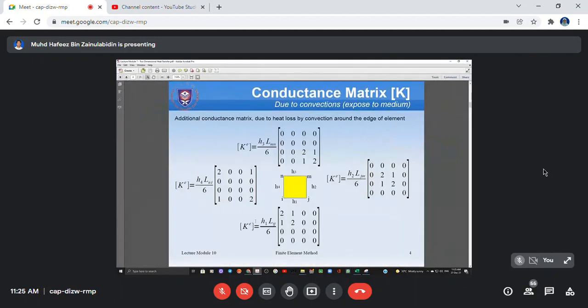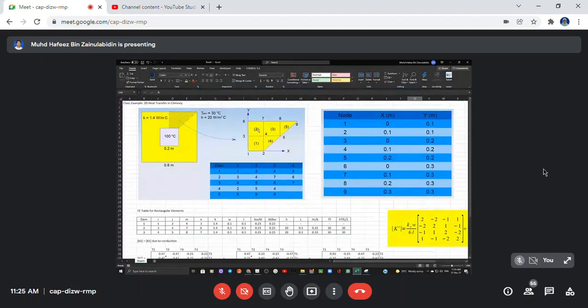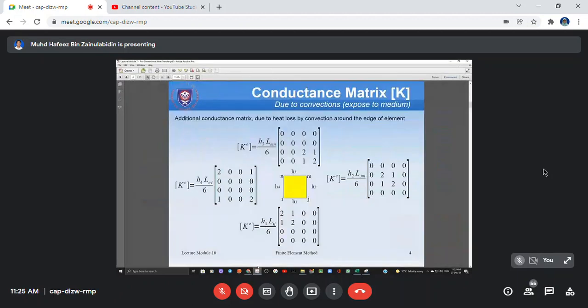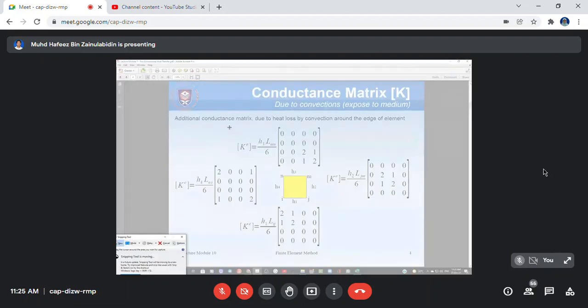For this part, we need to use the formula for K due to convection from the top side, which is surface number 3. Going back to the question, for element 2, this is surface 1, surface 2, surface 3. So 7, 6 is for surface 3, which is this formula. We copy this.